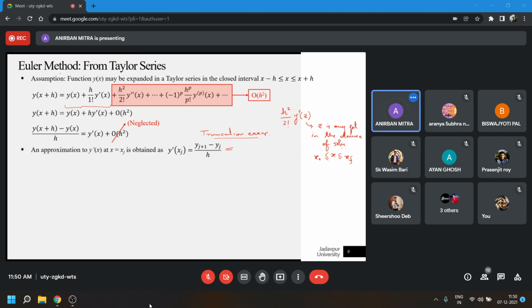And you can probably see here that that term is basically this term. That is the highest term in this series, so the h squared term. That is why it is said that the error in Euler method is of the order of h square.